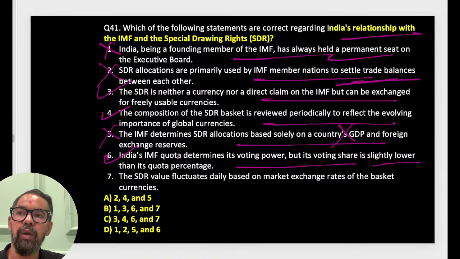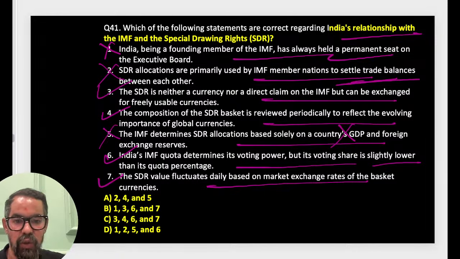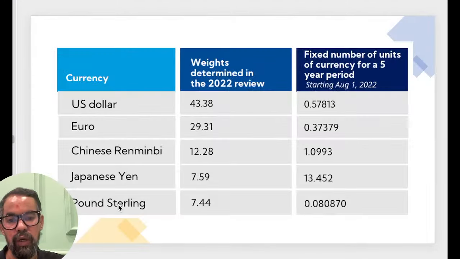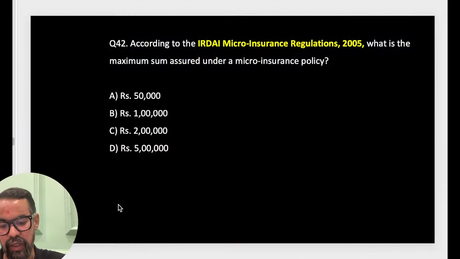We have around 2.72 overall contribution. Voting right is around 2.67. SDR value fluctuates daily based on the basket of currencies. This is also true. So which is fitting here? Okay, C, 3 4, yes, absolutely right. Option 3 will be the right answer for this particular question. Alright, let's go to the next question guys.